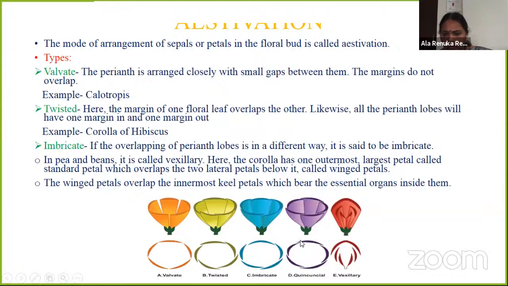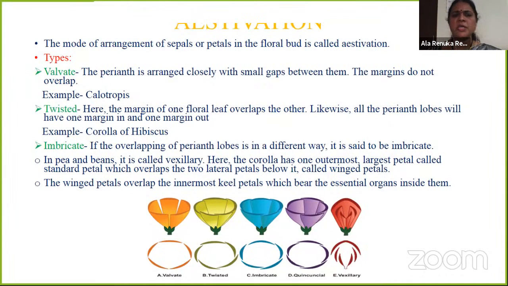In quincuncial, there will be two outermost petals with both margins out, two innermost petals with both margins inside, and one petal which has one margin in and one margin out, which is described as quincuncial. Quincuncial is not there in your syllabus. As the picture is given, I am just explaining it.